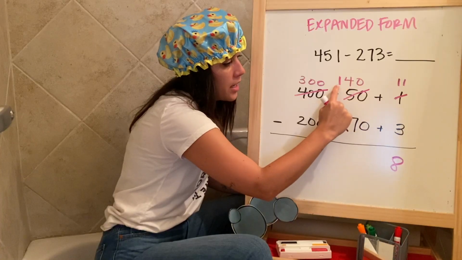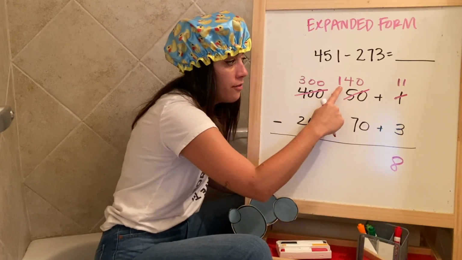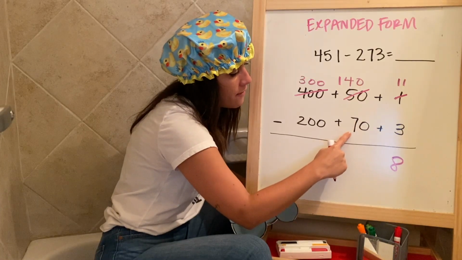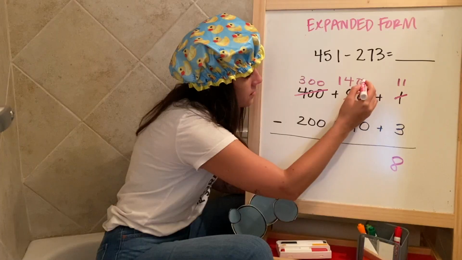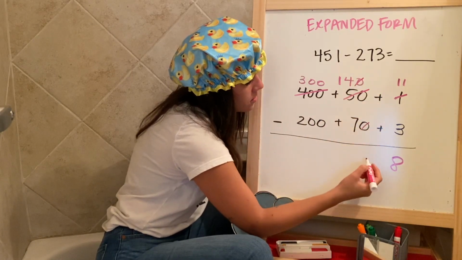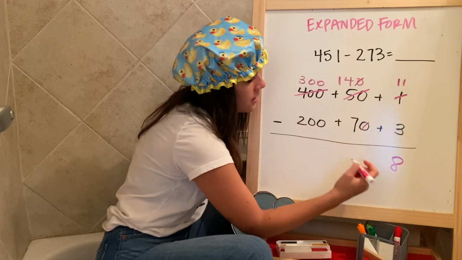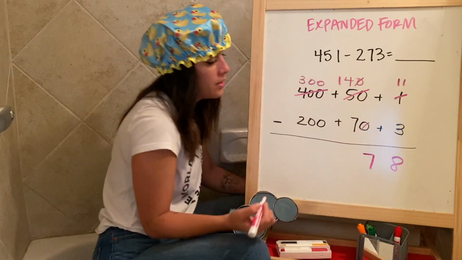So instead of 40, I have 140. Now I can subtract. 140 minus 70 is 70. So these zeros would cancel each other out because I'm already in the tens place value. So 14 minus 7 would be 7.